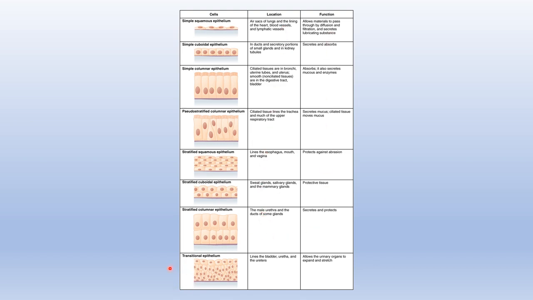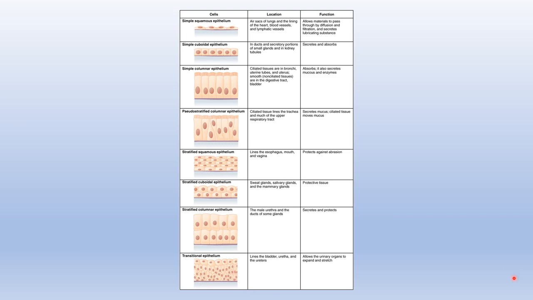Now, transitional epithelial, this is another special case. This lines your bladder, your urinary bladder, and what happens is sometimes when you look at it, it looks multi-layered like it is in this drawing. So when the bladder is empty, it looks multi-layered, and on the surface it almost kind of looks cuboidal in shape.